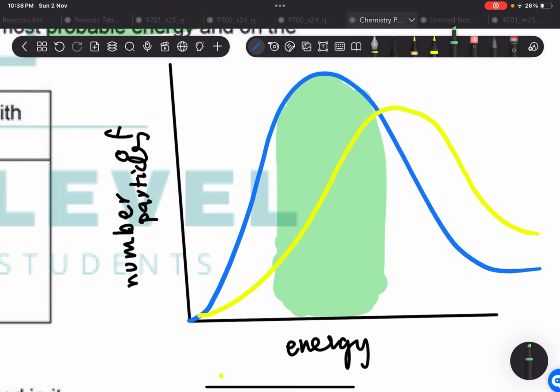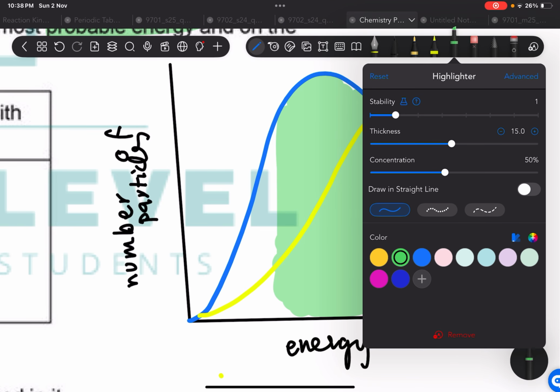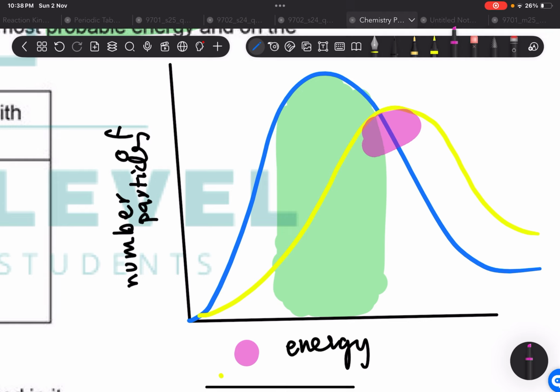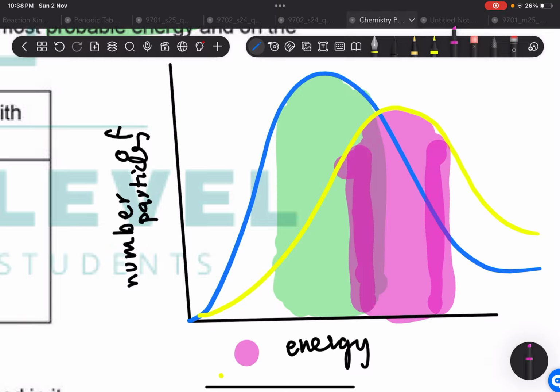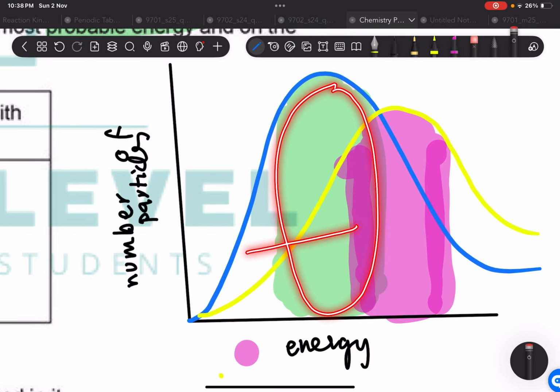And now the number of molecules that have the most probable energy, I'm showing it with a different color, are this. So you guys tell me one thing. Did the number of molecules with the most probable energy decrease? No. Before it was this part. Now the part is just shifted towards the right. But the part is still there.